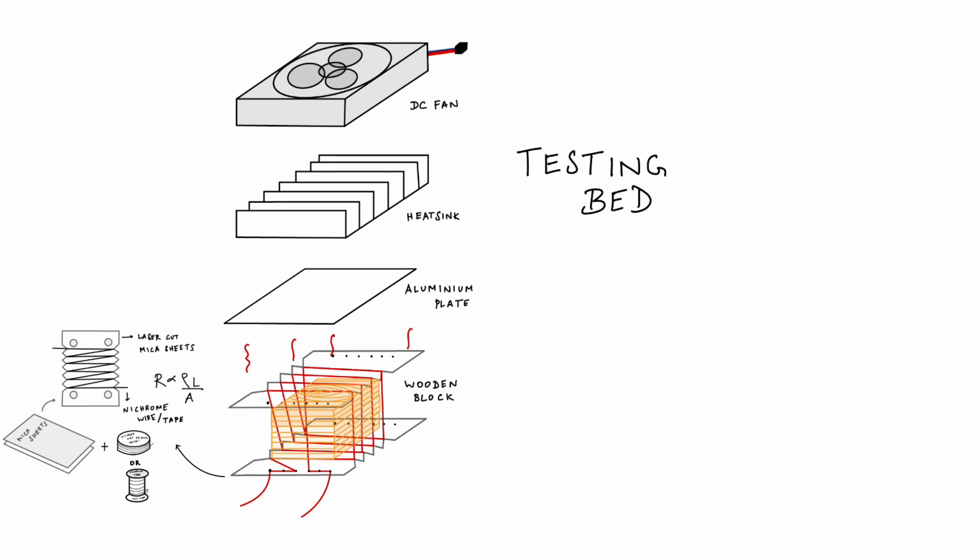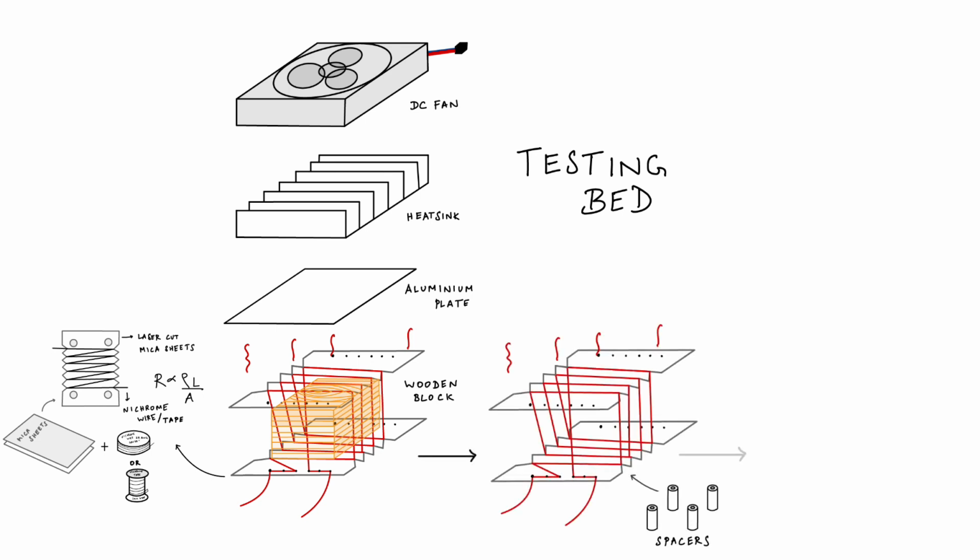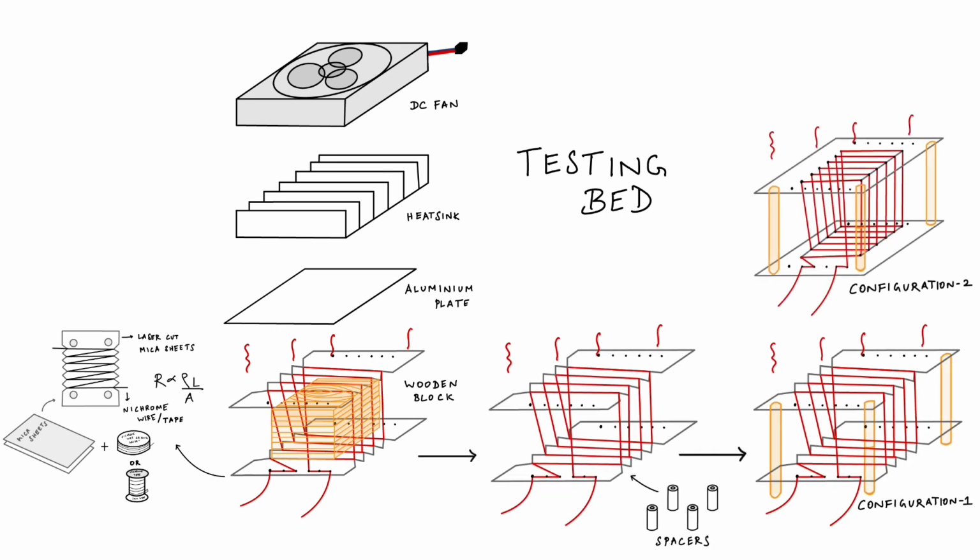Then we decided to add brass spacers and use air to separate the sheets. This resulted in us coming up with two configurations based on the nichrome wire threading pattern in the mica sheet.